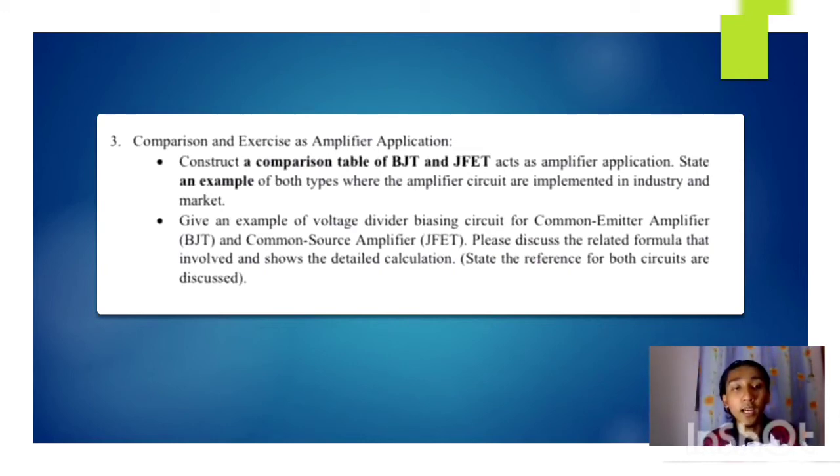Dan poin kedua ialah give an example of voltage divider biasing circuit for common emitter amplifier BJT and common source amplifier JFET. Please discuss the related formula that is involved and show the detailed calculation. Itu untuk poin yang kedua.